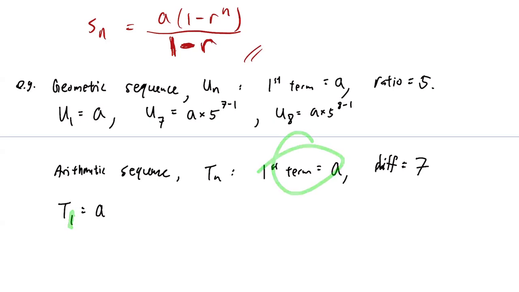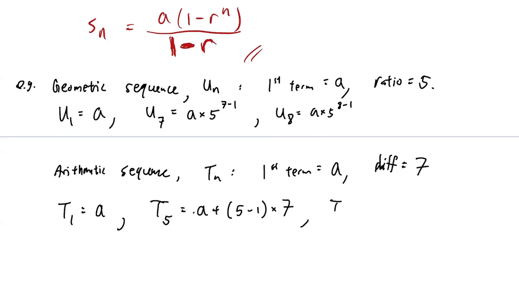It's just A. How about T5? Is A plus 5 minus 1 times D, which is 7, so times 7. Okay, good. And then T10 is A plus 10 minus 1 times 7.